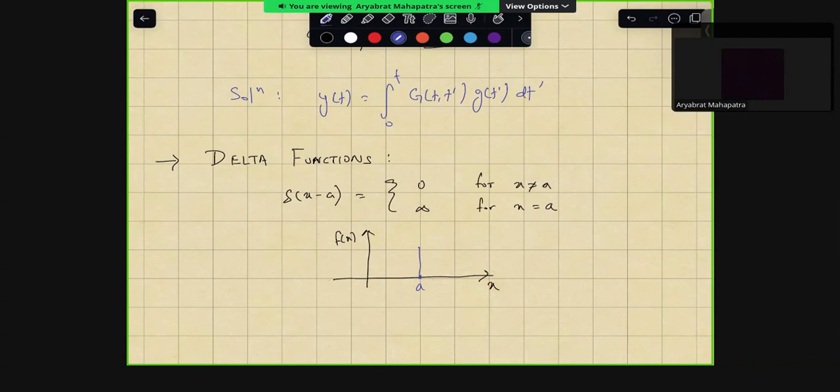This fine peak, this distribution, is your delta function, and that is denoted as delta of x minus a.